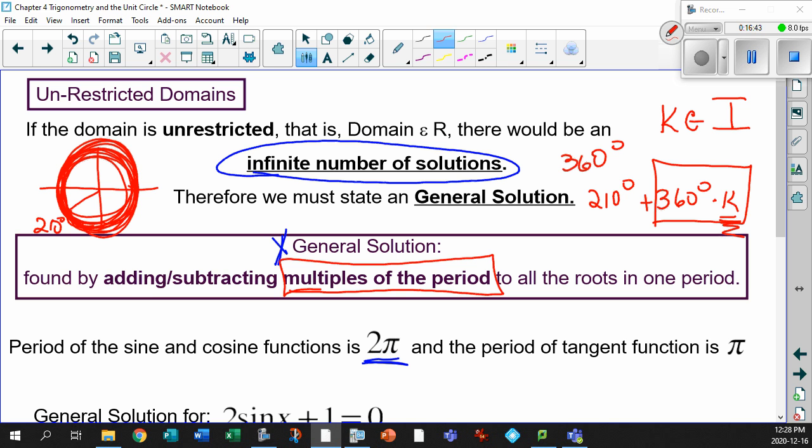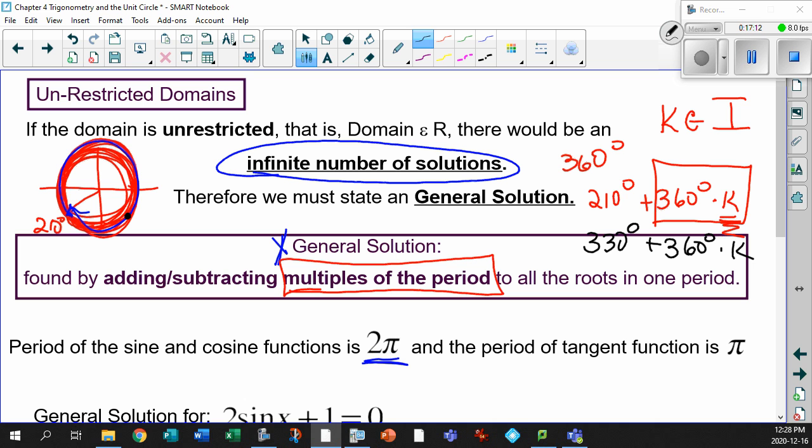Now you're probably saying, integers? That means I can go backwards. Yeah, no kidding. I can go here, and instead of going forwards, I can go backwards. The 360 degrees. Well, what about the other guy? What about this guy that was out here? I could do the same thing to him and say, oh, look at that. We had 330 degrees. I'm going to add multiples of 360 degrees as much as I want.